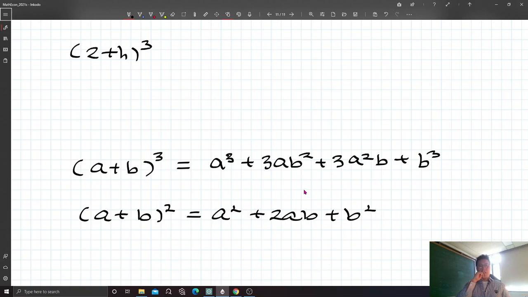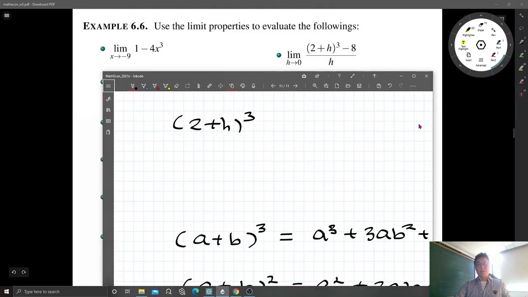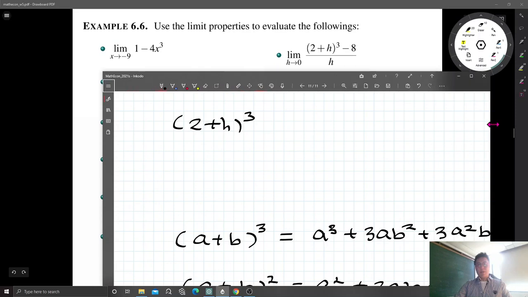Okay. I don't think you guys have to remember this, because whenever you forget this formula, you can just Google it, and on Wikipedia you can find the right formula. But in order to evaluate the limit of this function, we need this formula.